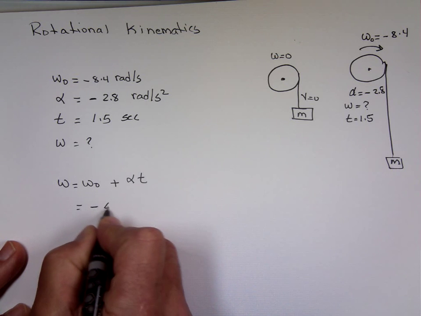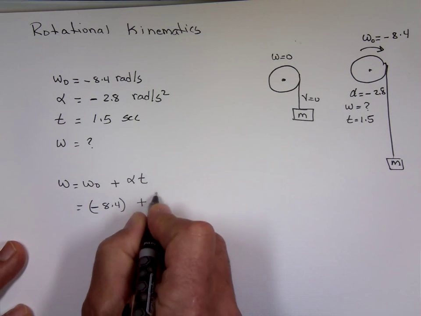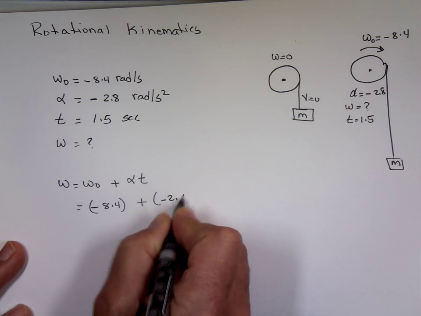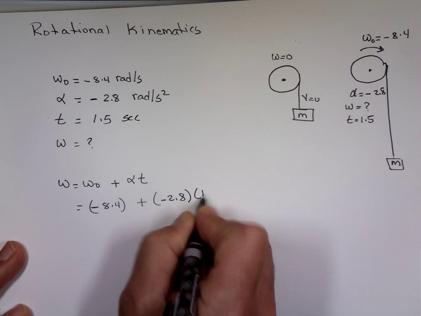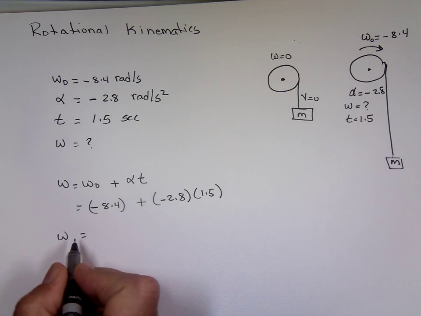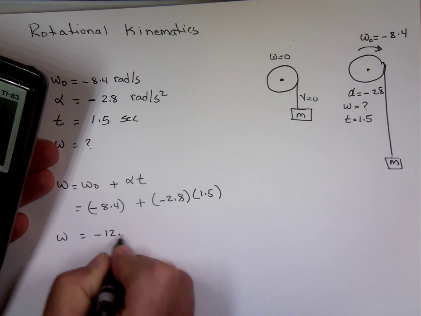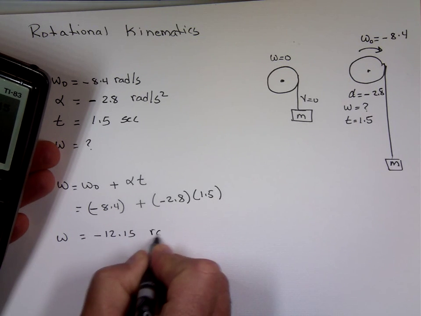Negative 8.4 plus alpha, which is negative 2.8, times the time, which is 1.5. And I came up with negative 12.15 rad per second.